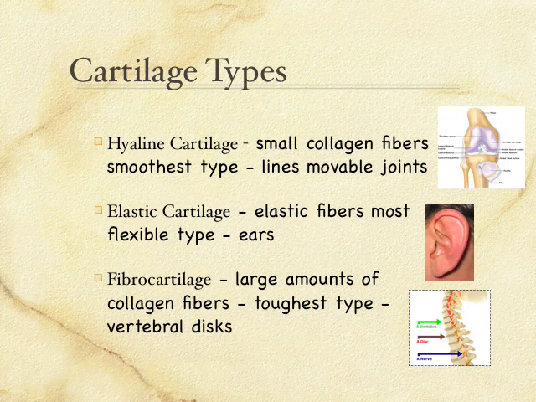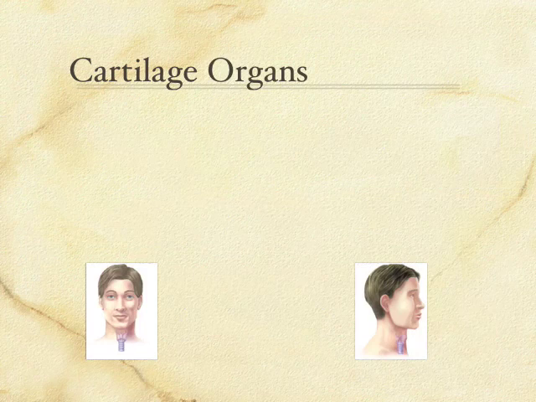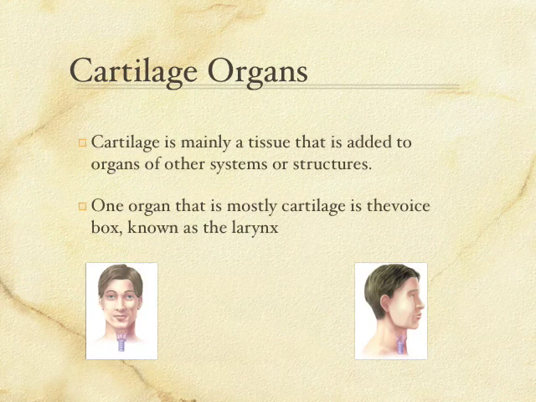And these tissues then are typically a part of the growth and development of other kinds of organs. There are very few examples of an entire organ that we would think of as being cartilage. Cartilage is usually just one of those tissues that's a part of some other kind of organ.